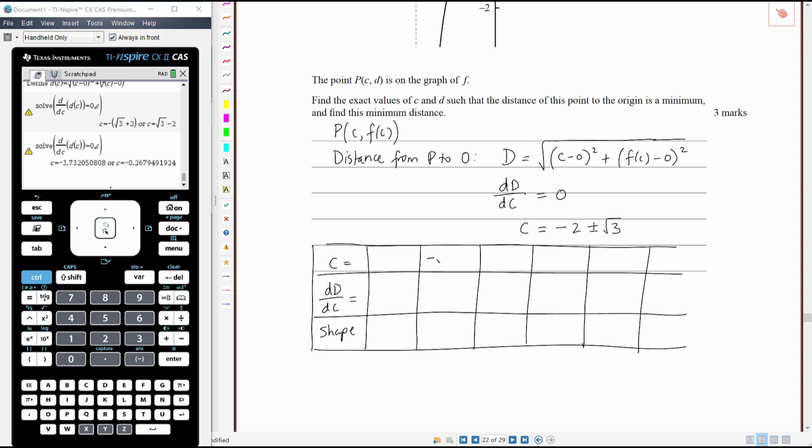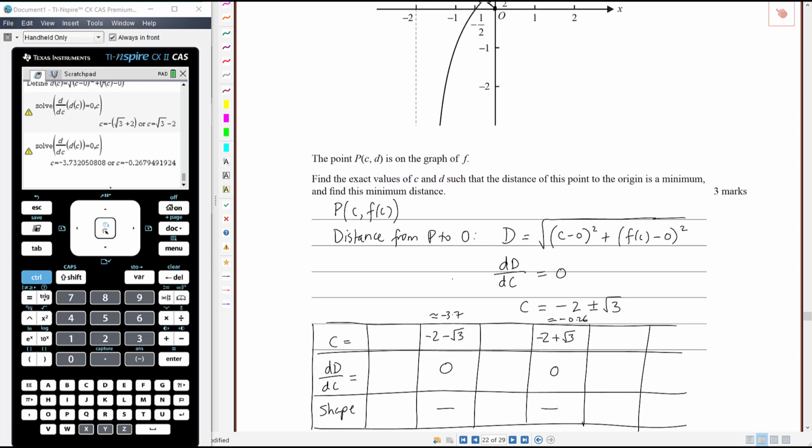Alright, so we're going to look at negative 2 minus root 3 and negative 2 plus root 3. So we know the derivative at these 2 points is 0, and therefore the graph is flat there. I've got those decimal approximations, so this one is about negative 3.7. And this one's about negative 0.26.